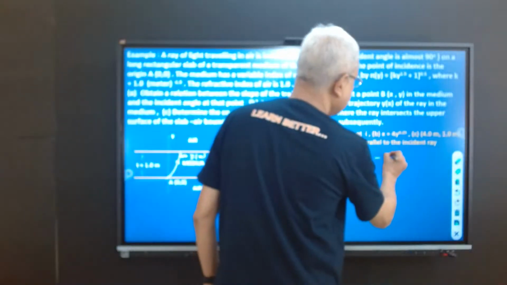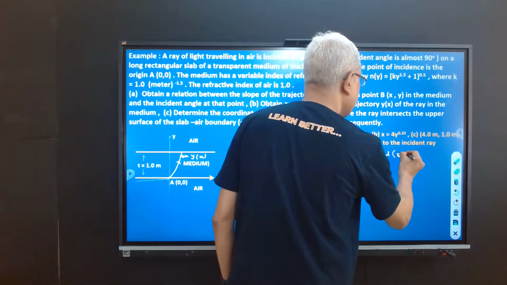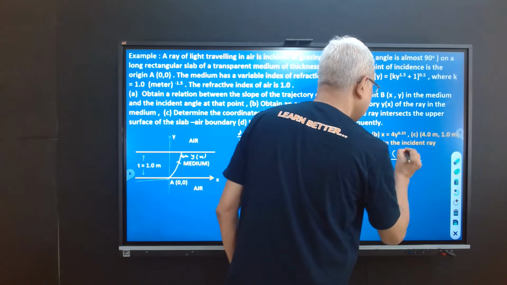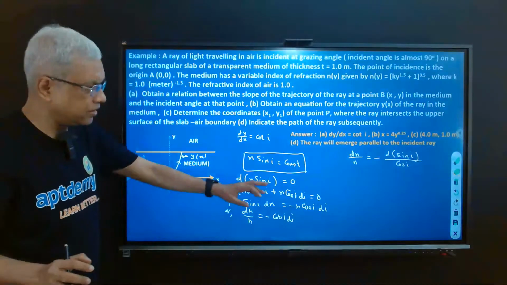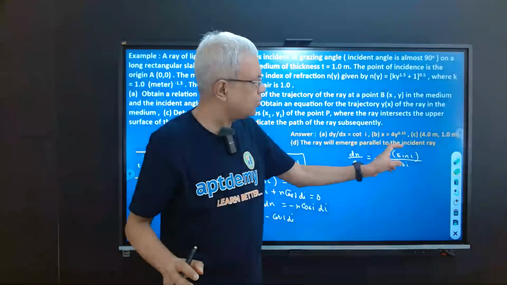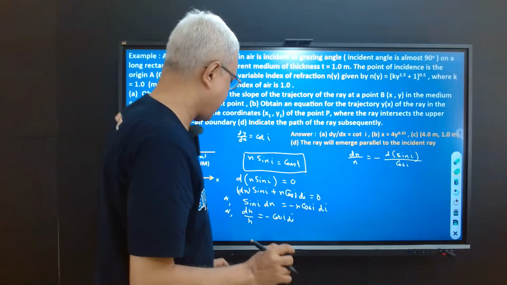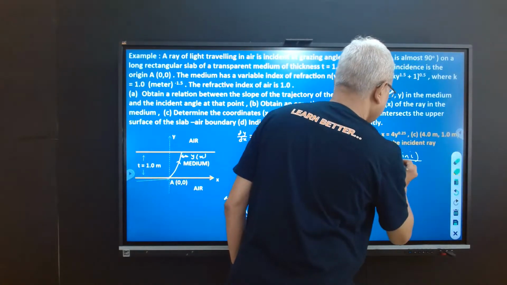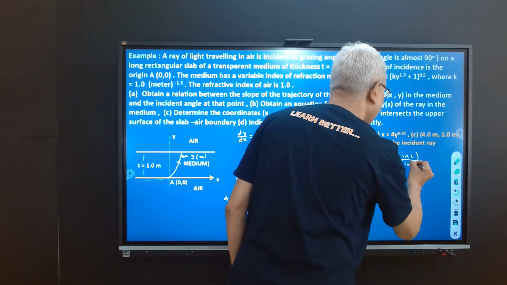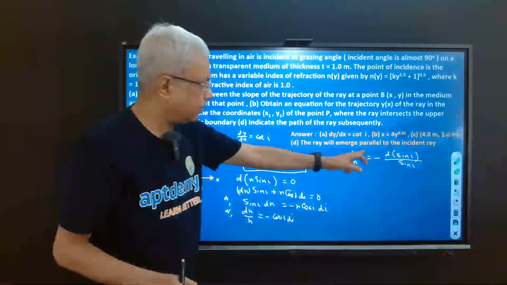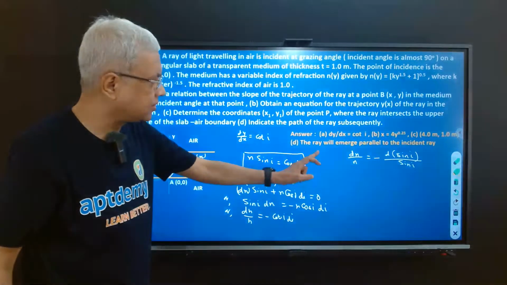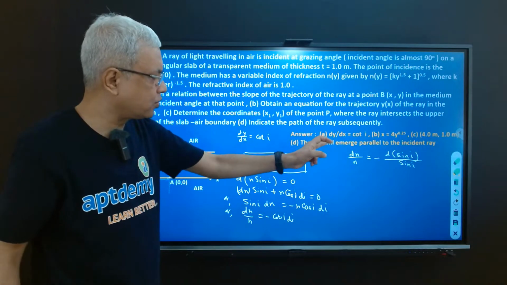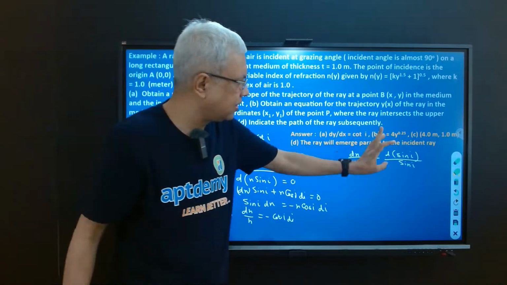I can write this as d sin I by cos I. So the technique of integration I have applied. d sin I is cos I di, and here there will be sin I. So the right hand side becomes cos I di divided by sin I. So it is minus cot I di. So from this I can readily write this.